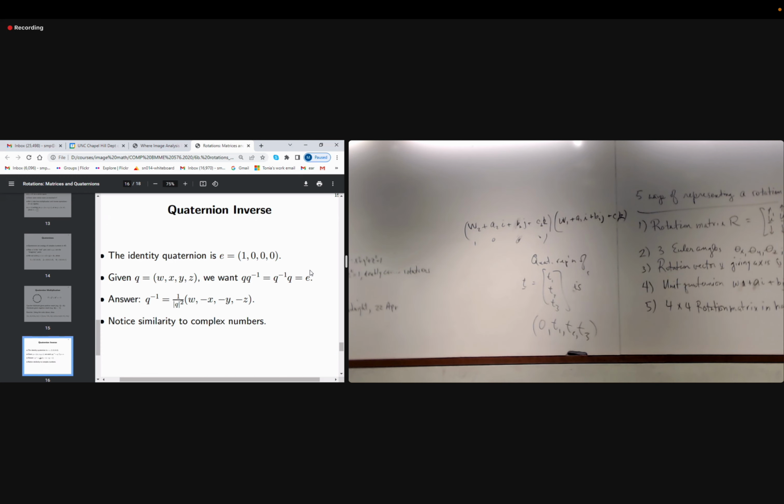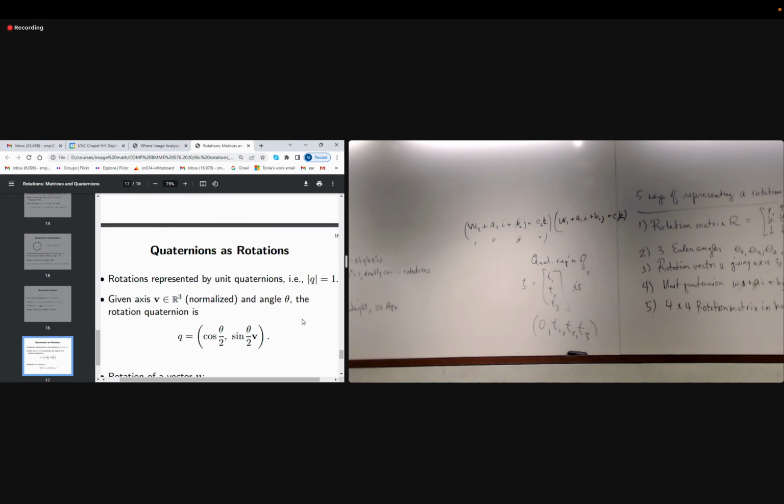For a unit quaternion, it's just what I wrote here. You leave the real term alone and you change the other three terms. We'll come back to this slide in a minute, but this is the main thing to remember.